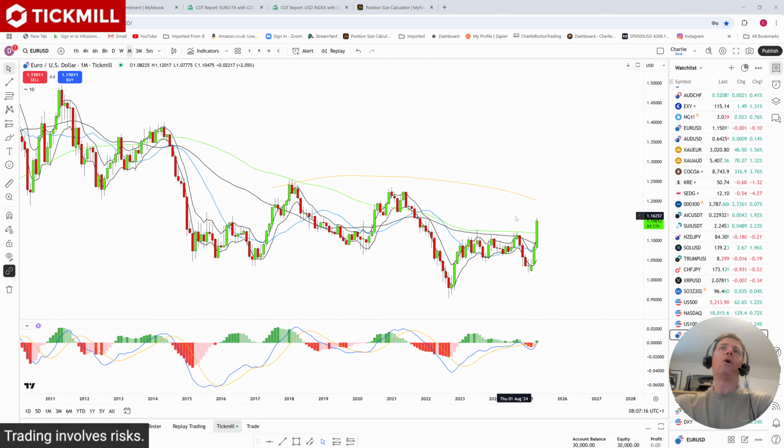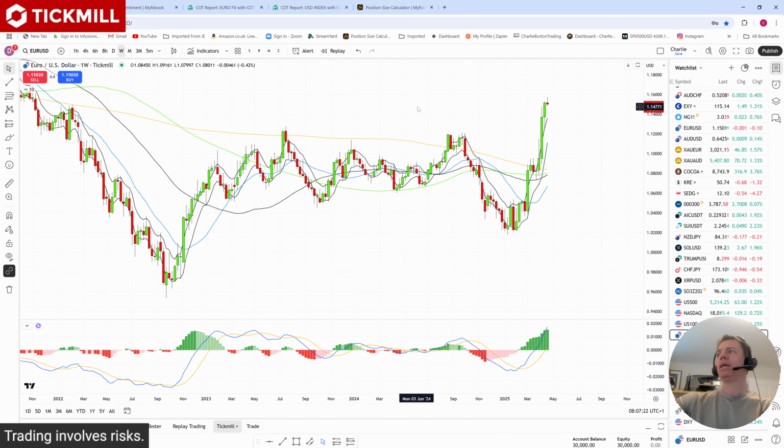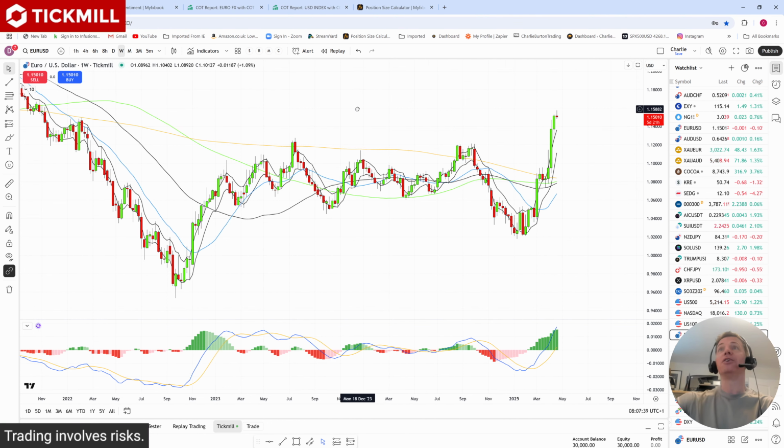But what happens on the day is, of course, very individual. If I come to the weekly chart, it's the same thing. We are in a defined upwards move now, having broken those highs. Could we make an argument that we're a little stretched on the upside? Yes, but markets can push higher for longer than you would think.